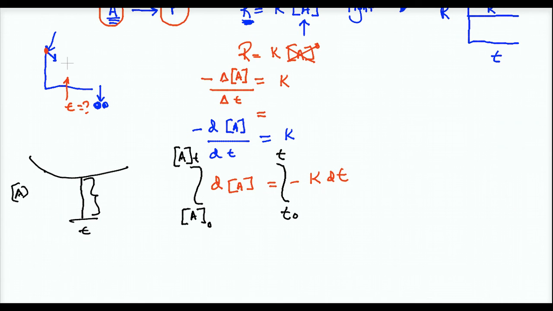When we do that math, what do we get? We get the integral of dA, which is A of t, the concentration, minus A of 0. That's our solution, the difference between these points, A of t and A of 0, the initial.